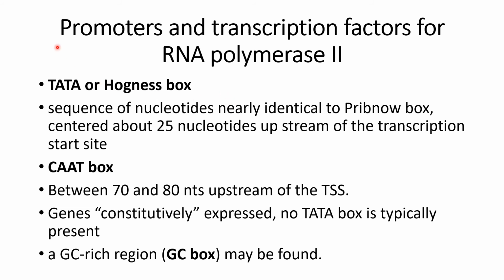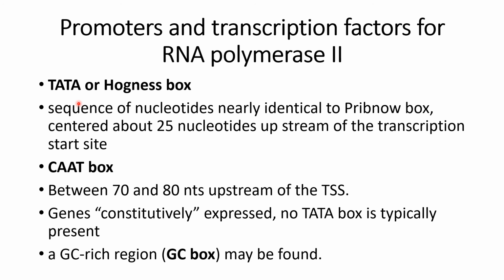Now, RNA polymerase 2 is responsible for the synthesis of messenger RNA, which is a coding RNA that is further translated to form a specific type of protein. This RNA polymerase 2 has specific promoter regions in eukaryotes. One promoter region, in some genes, is the Hogness box or TATA box. The TATA box is present in some genes, and TATA binding protein binds there.